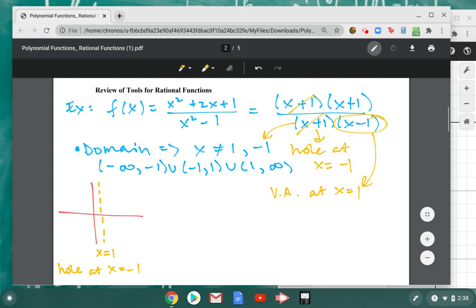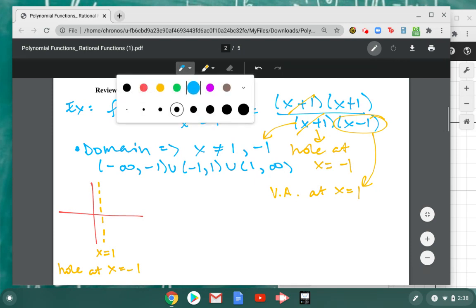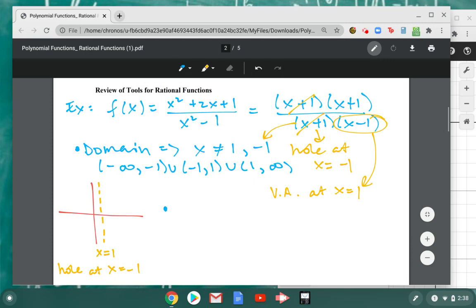The second piece that we did in the other video was to look at a horizontal or a slant asymptote. And this comes from end behavior. When I'm looking at the end behavior, I notice that I've got equal degrees.